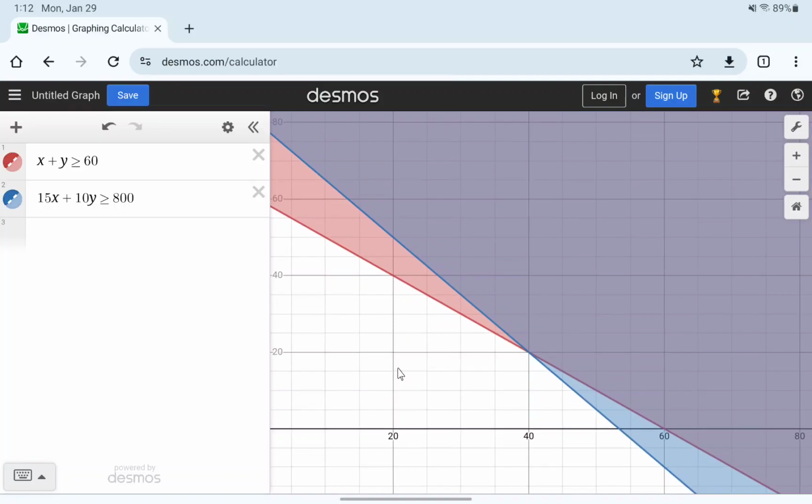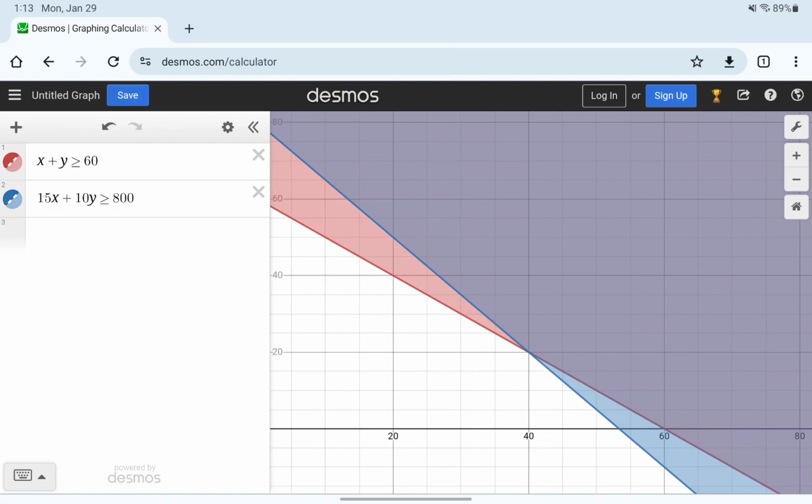One thing we do need to keep in mind, though, is that both our x and y values need to be non-negative. She can't sell a negative number of drawings, so as long as we're plugging in a non-negative value for x and y that's somewhere in this shaded region, we have a solution.